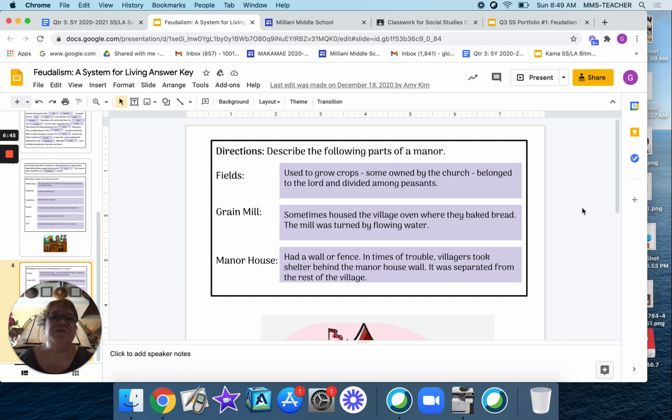Sometimes housed the village oven where they baked the bread. The mill was turned by flowing water. Manor. It had a wall or fence. In times of trouble, villagers took shelter behind the manor house wall. It was separated from the rest of the village.